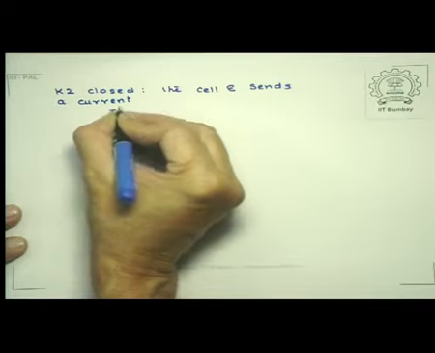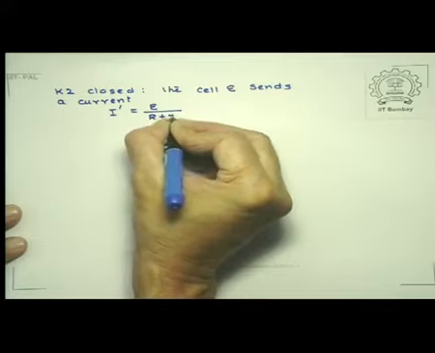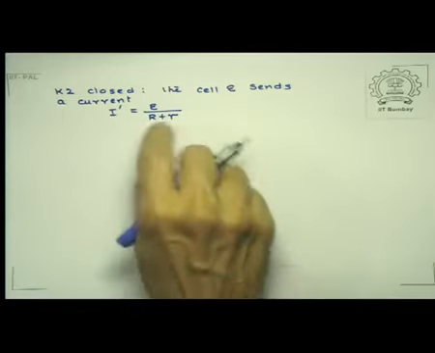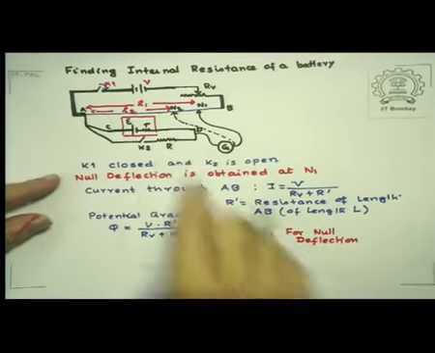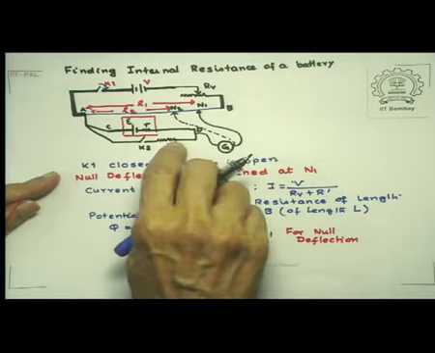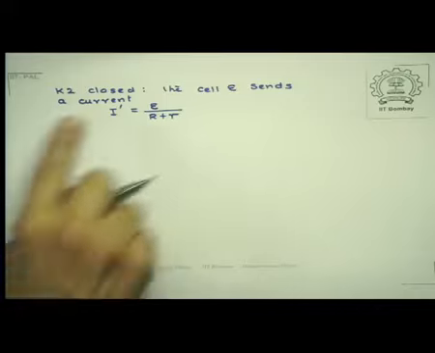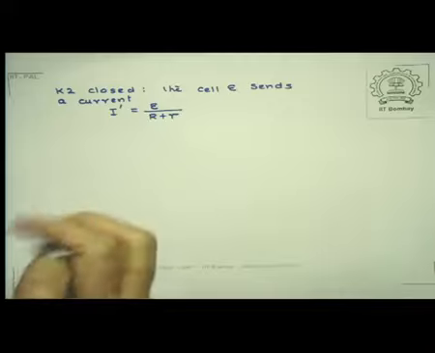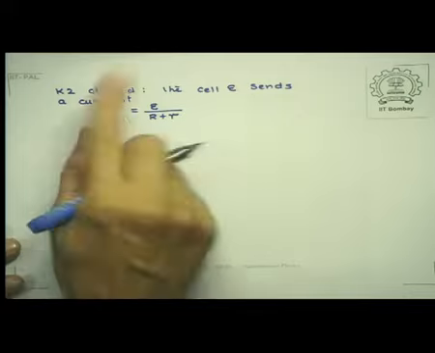Let's call it I prime, and that is obviously equal to E divided by R plus r, where this R is the resistance which is in this part of the circuit. So as a result, what happens is the potential drop across that CD, which was earlier E when K2 was open, now is reduced by an amount I prime times that smaller r.